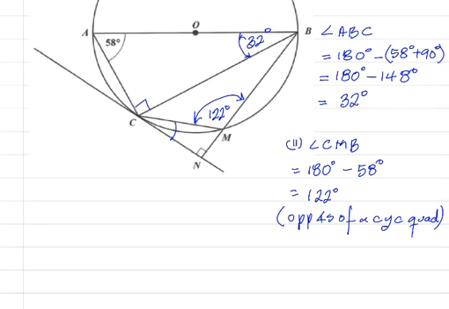From this, I can say that angle NCM would be equal to 122 minus 90 degrees.